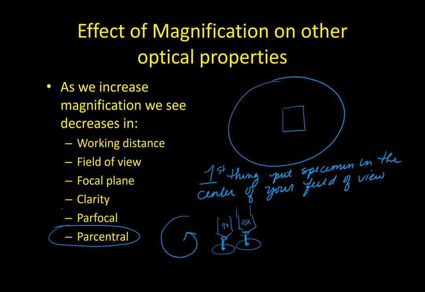Okay? Now, parfocal, again, in the land of unicorns and rainbows, would mean that when you switch objectives from 4x to 10x, if I've put it in focus at 4x, when I switch to 10x, it will still be in focus. Do we live in a perfect world?